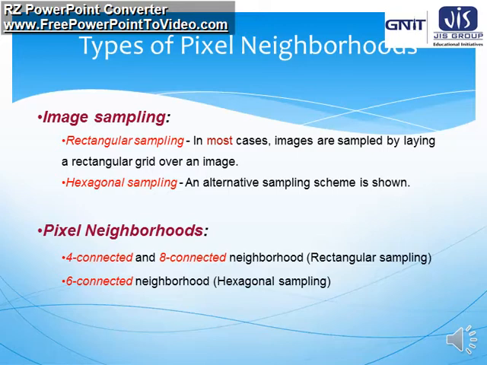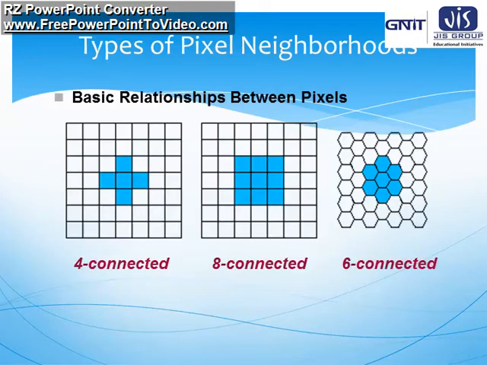A pixel may have different pixels near to it, which are also known as neighbor pixels. In pictorial representation, here we can see these three types of relations: 4 connected, 8 connected, and the last one 6 connected.